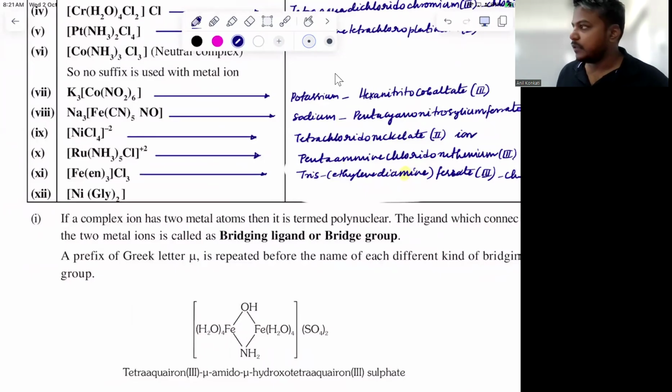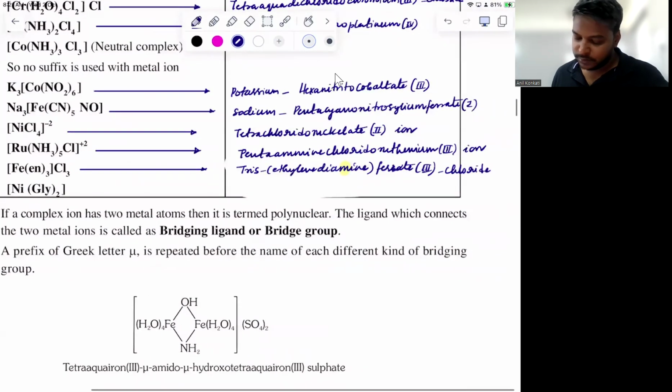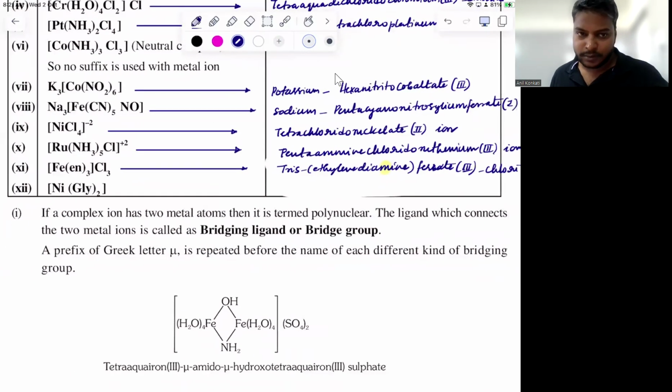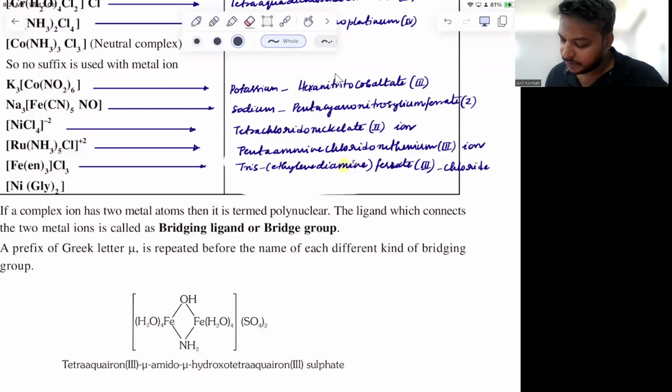Because it is an anion. So that is to be iron 3 and then chloride.